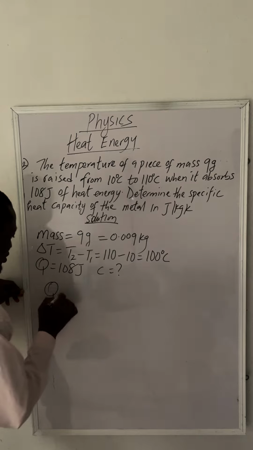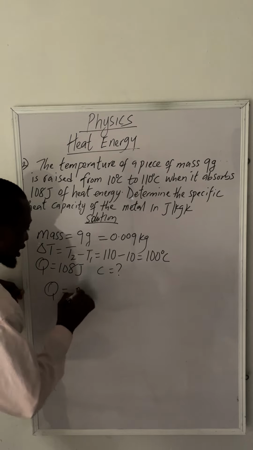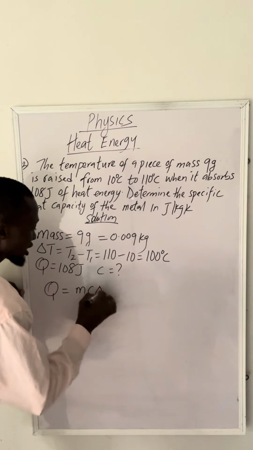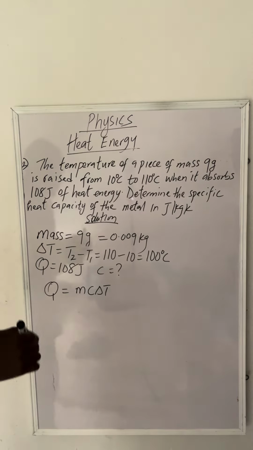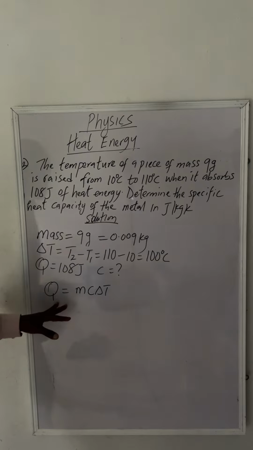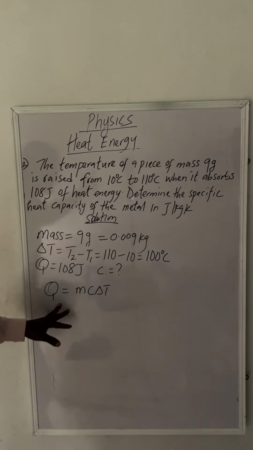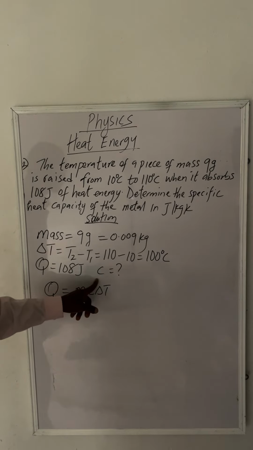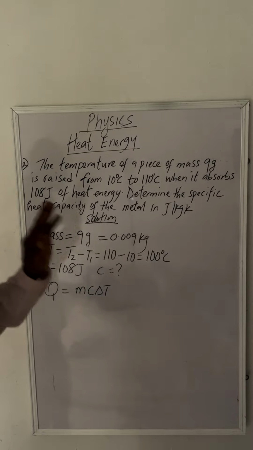So our Q here, we are going to write out the formula. Q is equal to MC delta T. That is the formula to calculate what? To calculate the quantity of heat. But this time around, we are looking for C. We are looking for the specific heat capacity of the metal. Now, there are two things.